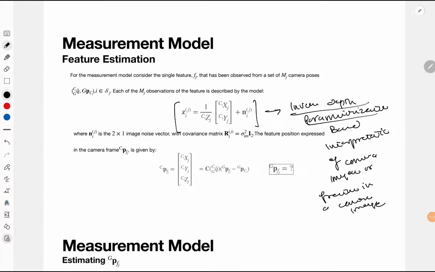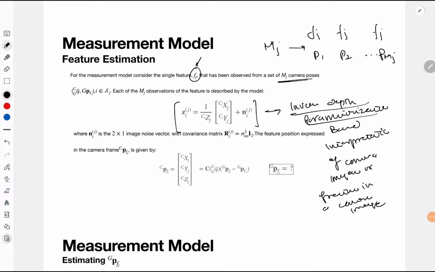So let's say that you have a single feature fj that has been observed by a set of camera poses. Now mj is a set of camera poses, so it could be p1, p2, pn, or let's say pmj, and all of them have this feature j in them.